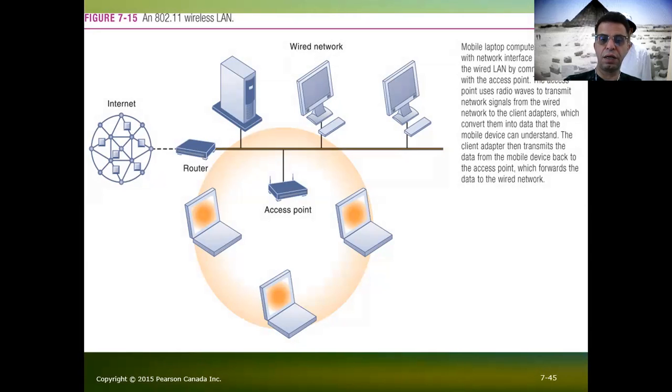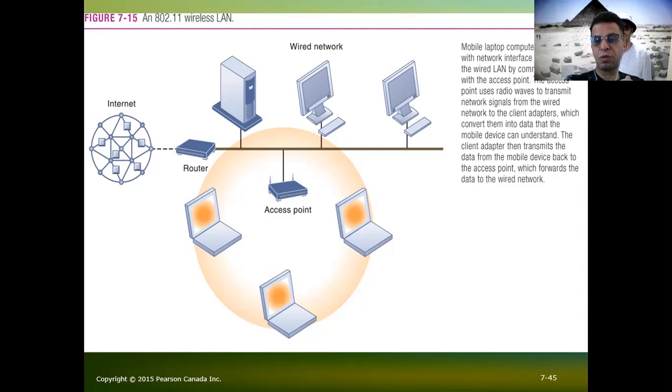Wireless LAN is, as we said, there is what you call WAN and LAN. A LAN could be a wired network, basically, connected to an internal system, and altogether connected to external or not.